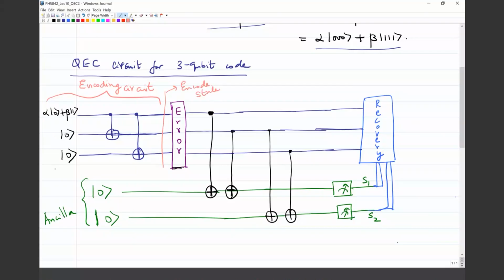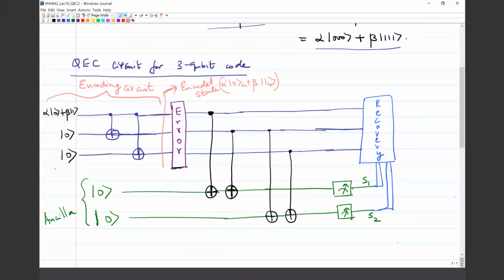And then there is the error channel acting on this encoded state, right? And so what is the state here? It's something like this, right? It's alpha 0L plus beta 1L. That's the state here at this point. Okay, and then after this box which says error, you actually have the errored state now, right?